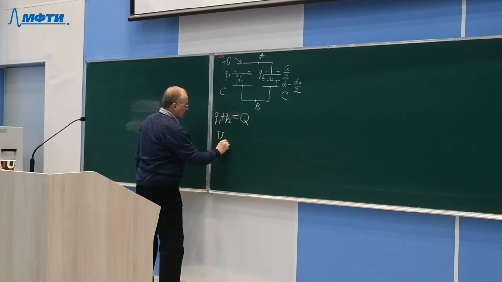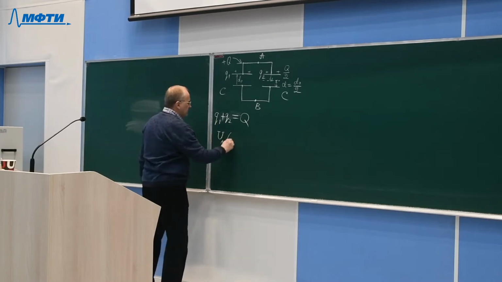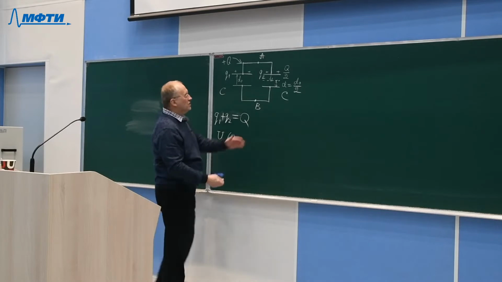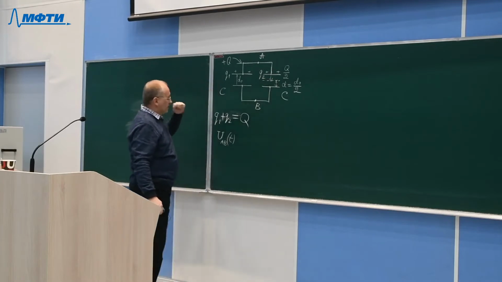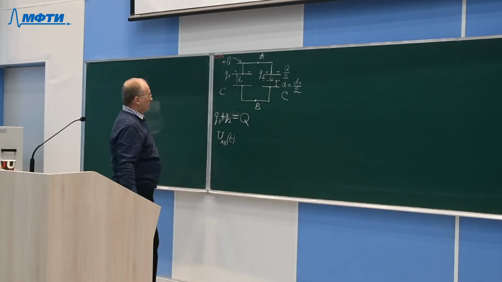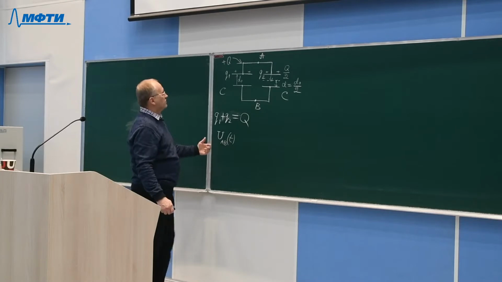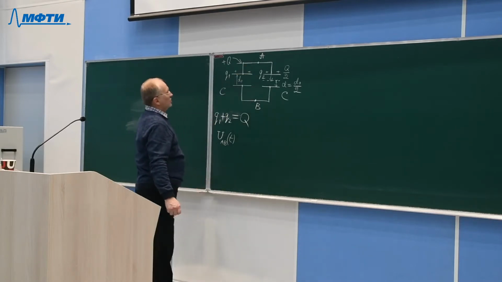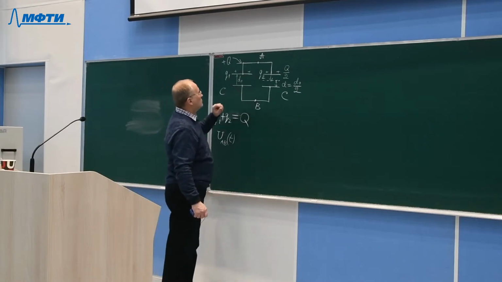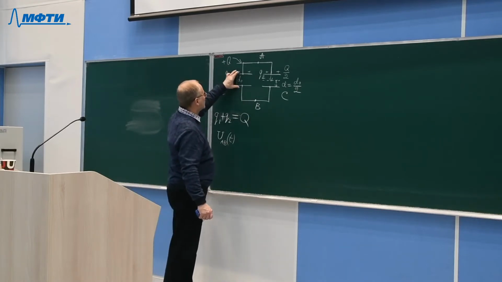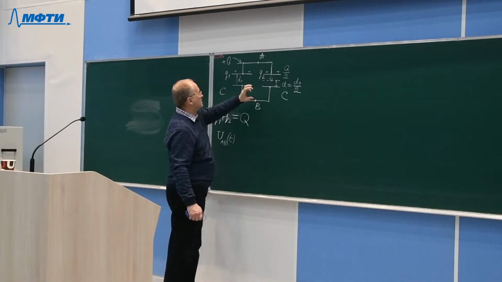The potential difference between these 2 points may be a function of time if we start moving this upper plate down. Then surely the voltage between points A and B will change. But this voltage at any moment of time will be the same for the first capacitor and for the second capacitor.